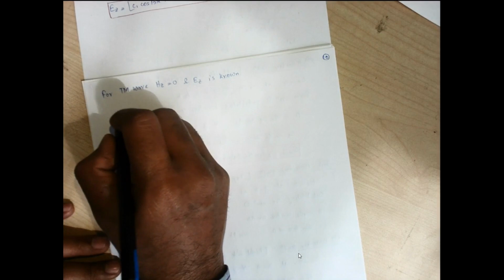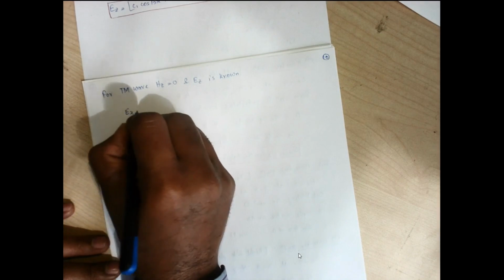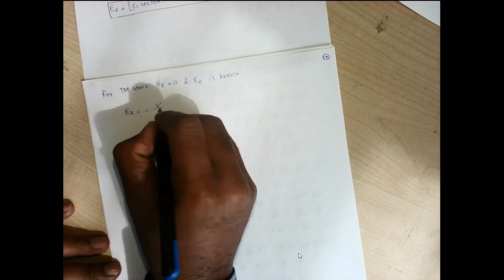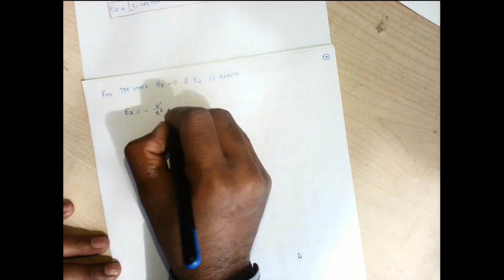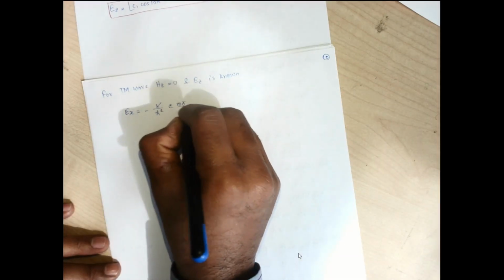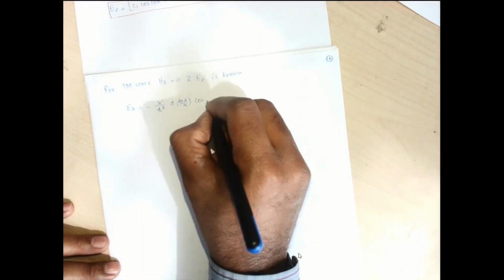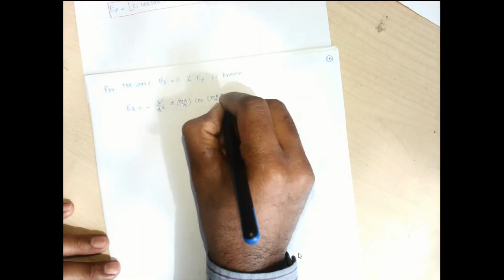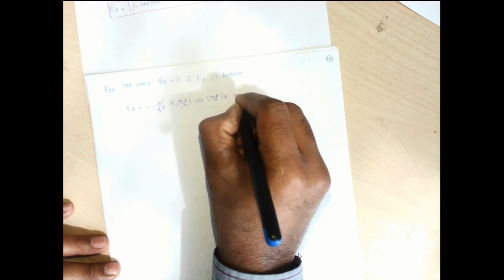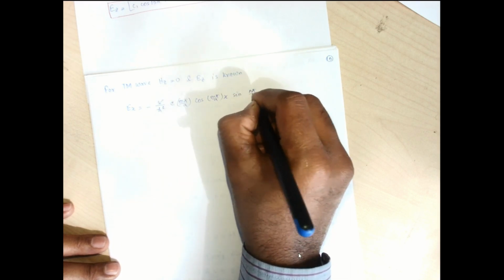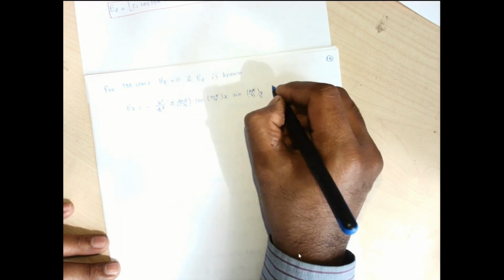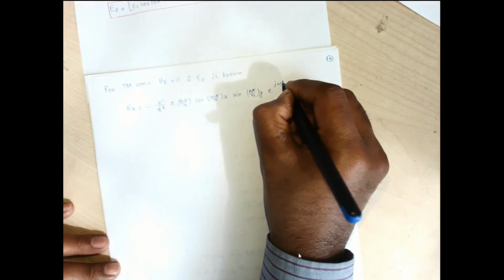I am just writing the final expression for these field components. Ex is minus gamma by h square c into m pi by a cos m pi by a x sin n pi by b y e to the power j omega t minus gamma z.